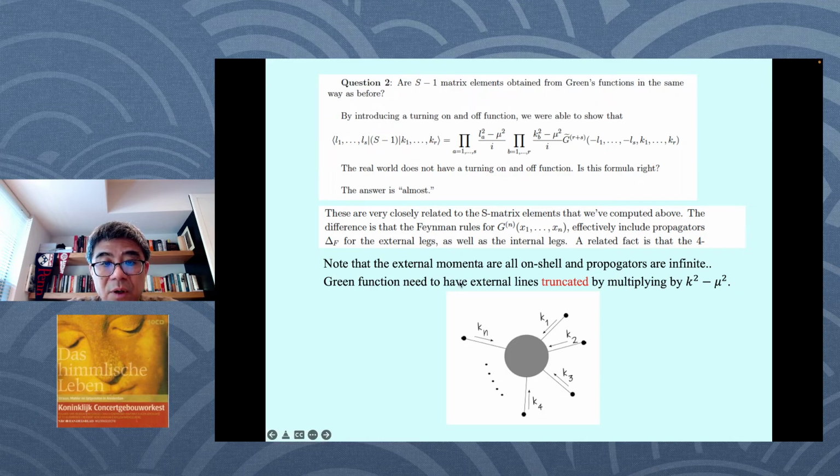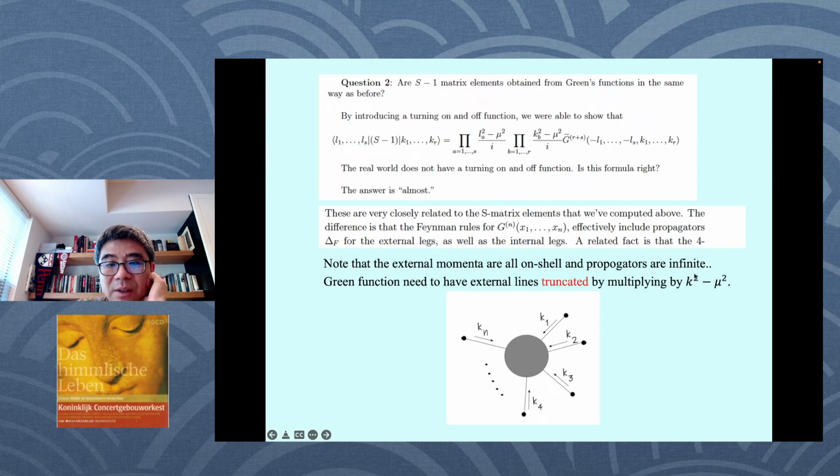Okay. Therefore, when we put all the external momentum on shell, remember the external momentum should be on shell to give you the right S matrix, because in actual scattering experiments, these k should be on shell because they correspond to real particles. Okay. However, if I put them on shell, then this propagator will explode.